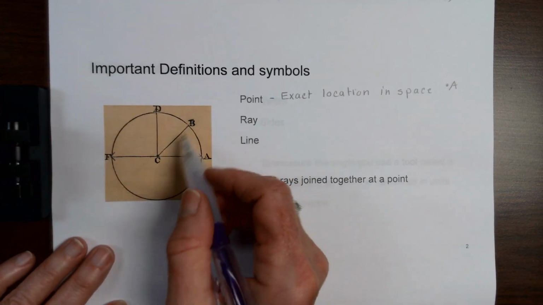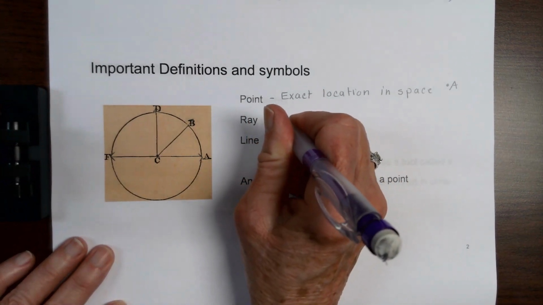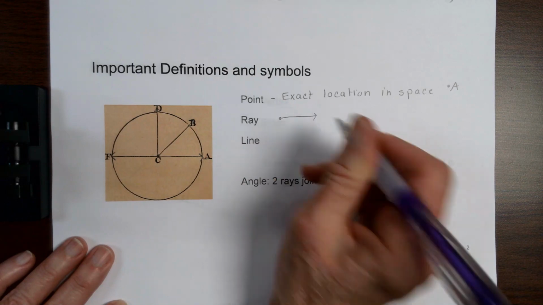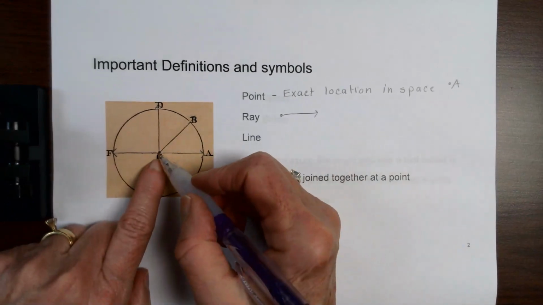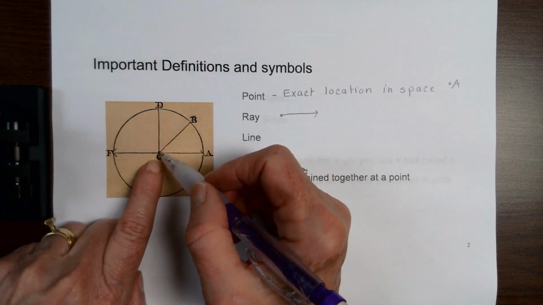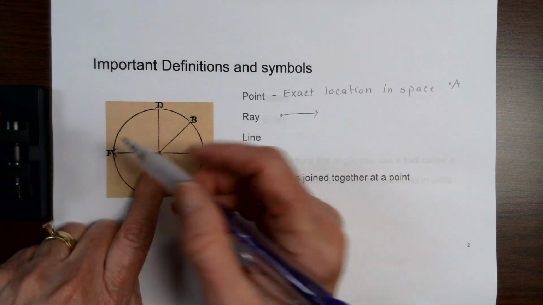You also see various rays on this. Now a ray goes from one exact location or a point on to forever. So you have several rays here. You have ray CD, ray CB, ray CA, and ray CF.